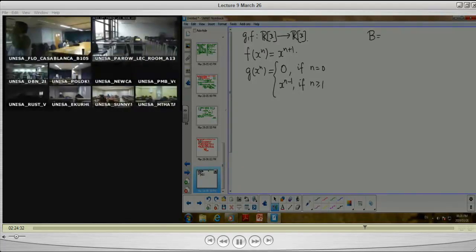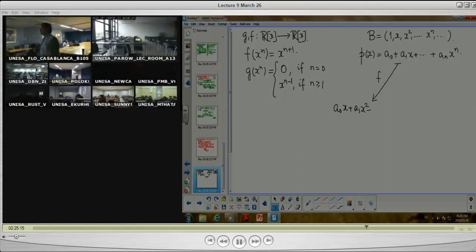So suppose let's take a polynomial. F takes this polynomial to this, and G takes this polynomial to this.